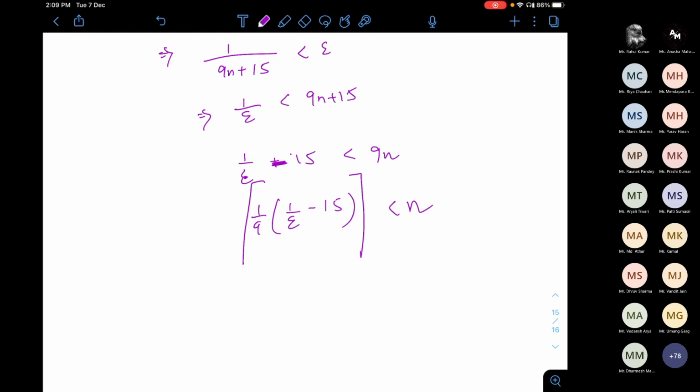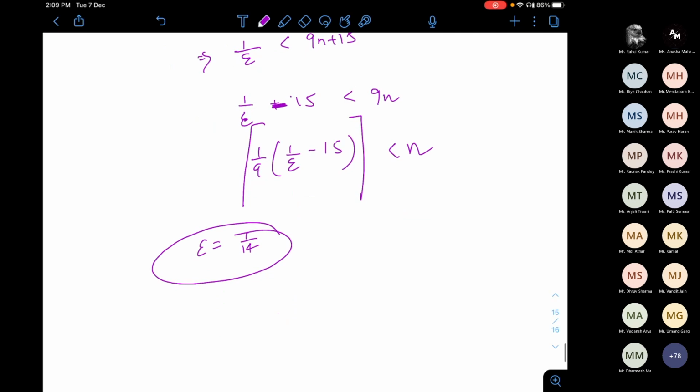Now think, there is a problem. If I take epsilon to be 1 by 14, then n is greater than a negative number, so all natural numbers work.